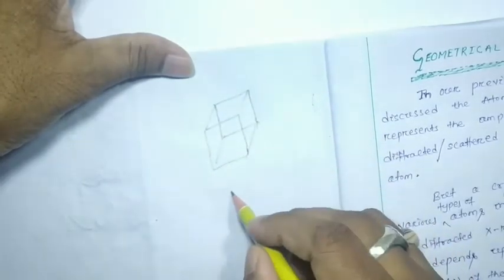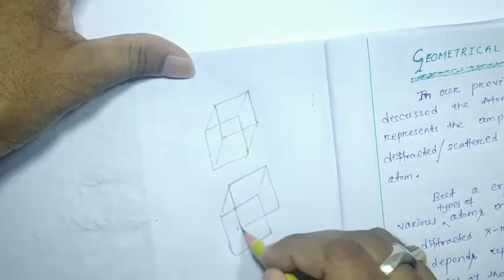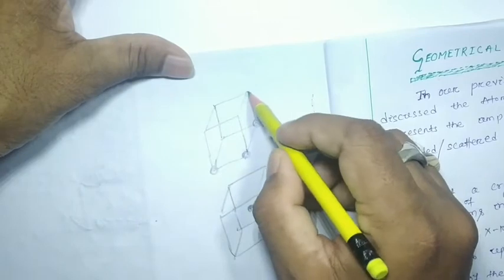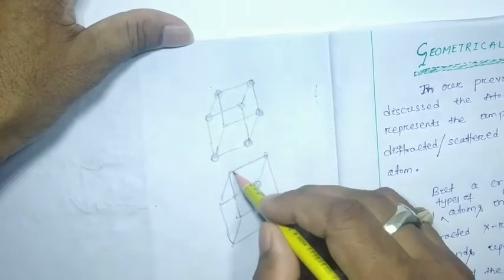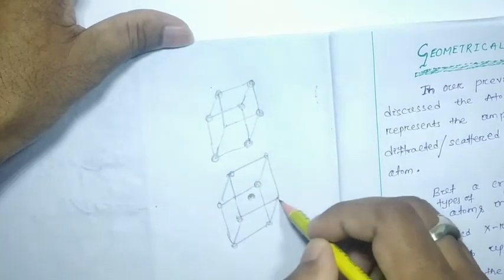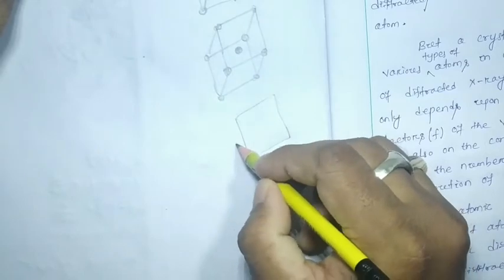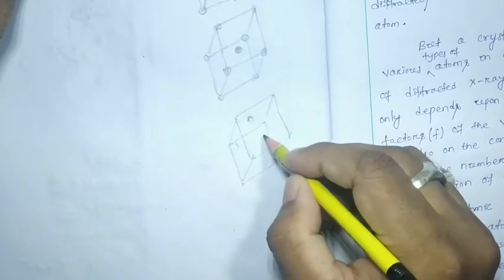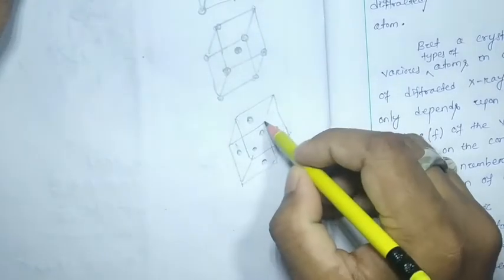One is simple cubic, another is body centered cubic. In simple cubic, atoms are present only at the corners, but in body centered cubic, we find one atom at each corner and also one atom at the center. Another lattice structure is face centered cubic, meaning one atom is present at each and every face, and also at the corners.